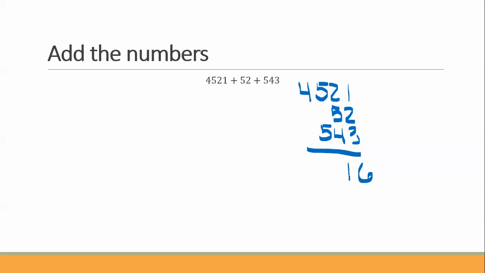So we have a 10, and then we have to carry the 10 to make a new 100. And then we have 5 plus 5 plus 1 is 11 again. So we're going to have the 1 here and carry our 1, and we have a 5 here. So 4,521 plus 52 plus 543 is 5,116.